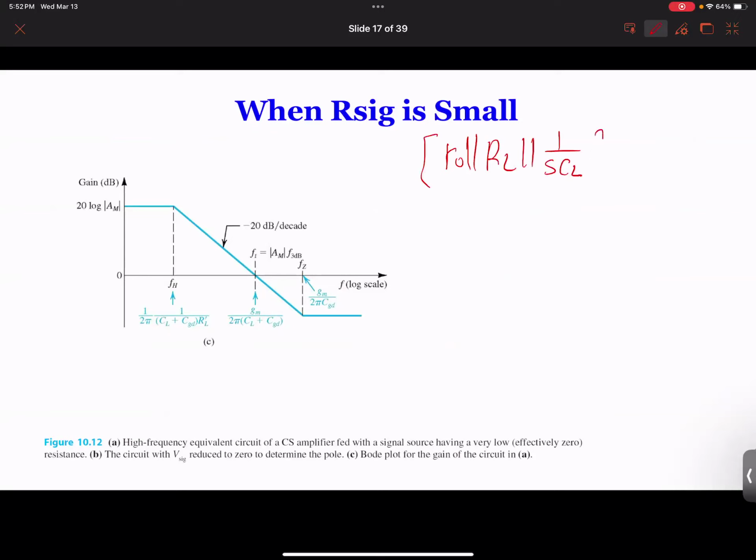So this is equal to RL prime. You basically replace this RL prime with this one, and you will have the equation with sCL cascaded.